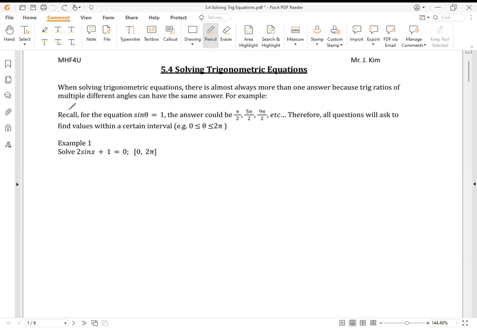Example 1. So before example 1, here is my little reminder. If I say the equation sine theta is equal to 1, we have multiple answers. And on top of that, we also have to consider cast rule for other angles that are not 90-degree multiples.